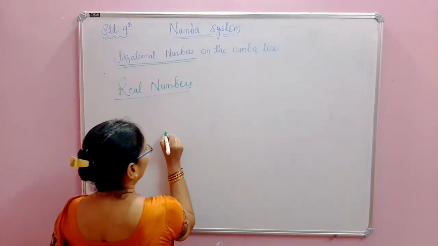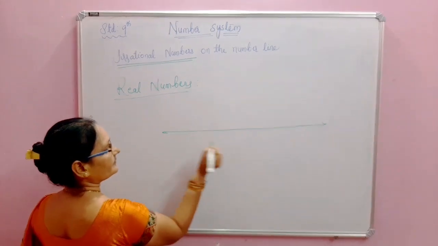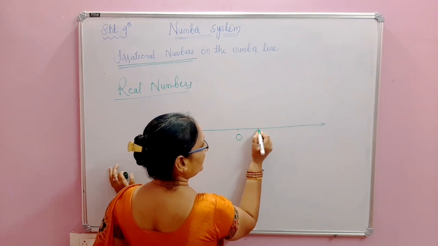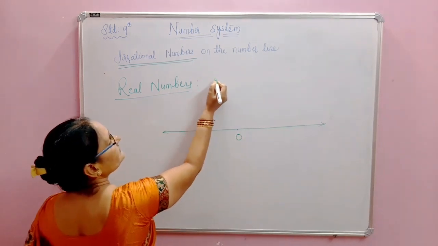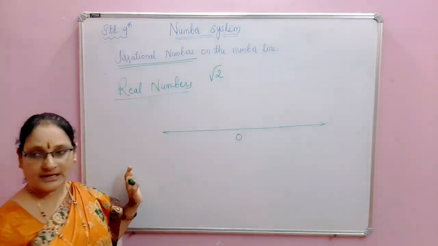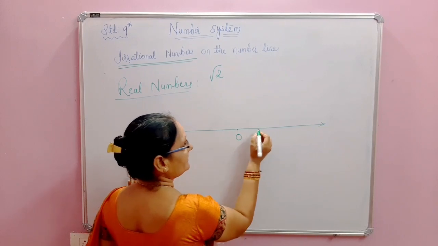See here. Draw a number line. This is the originating point O. Now we locate root 2 on the number line. Take 1 unit, 1 centimeter.